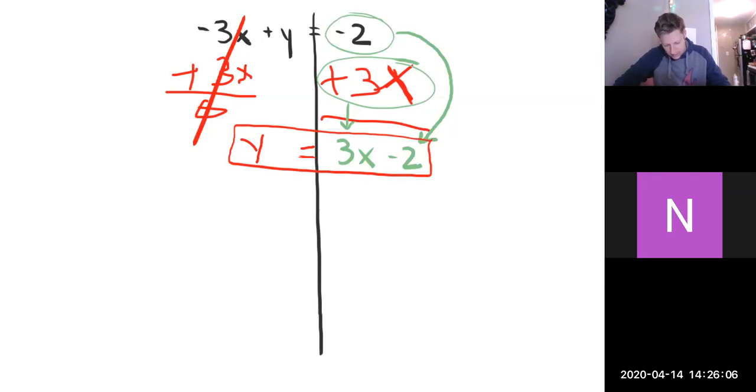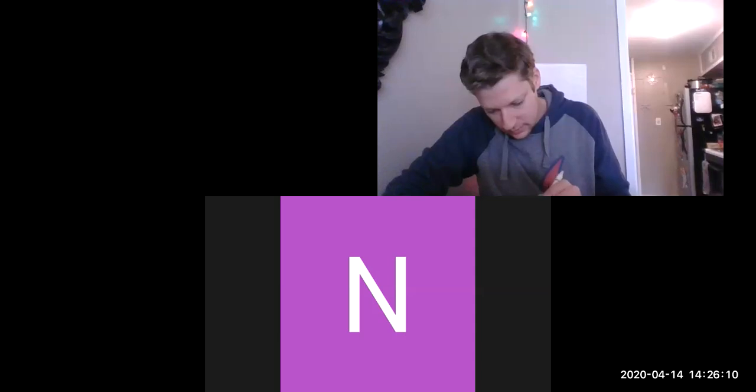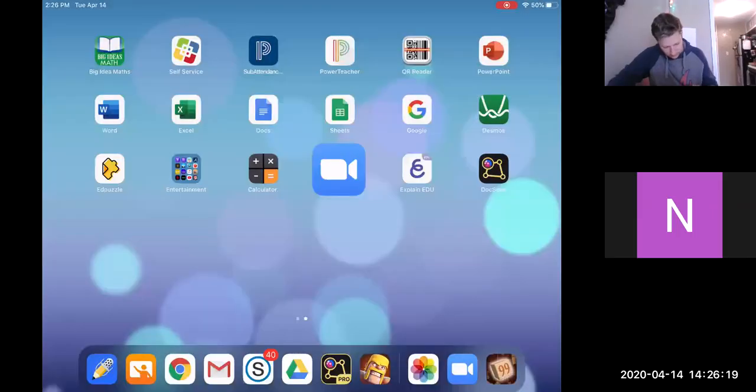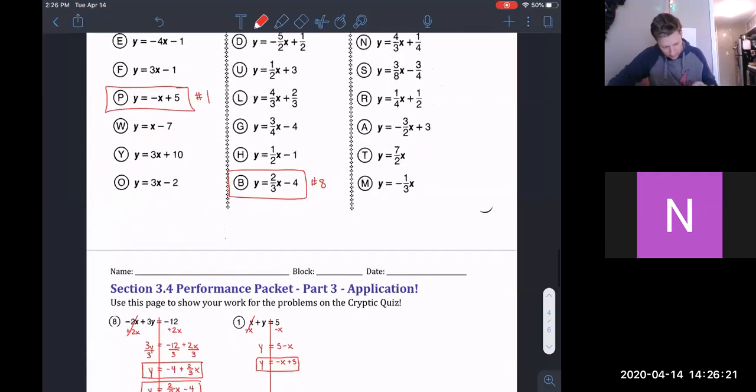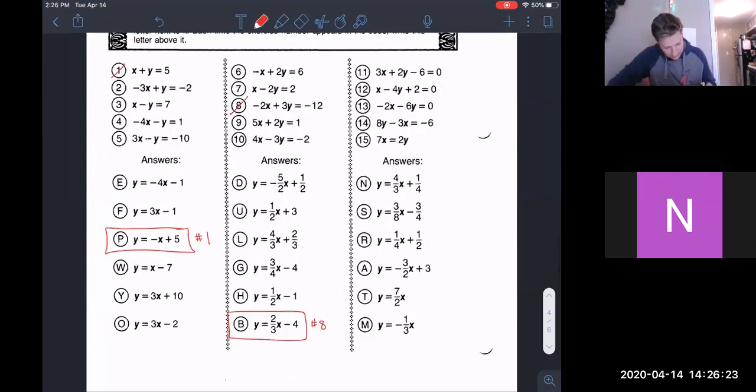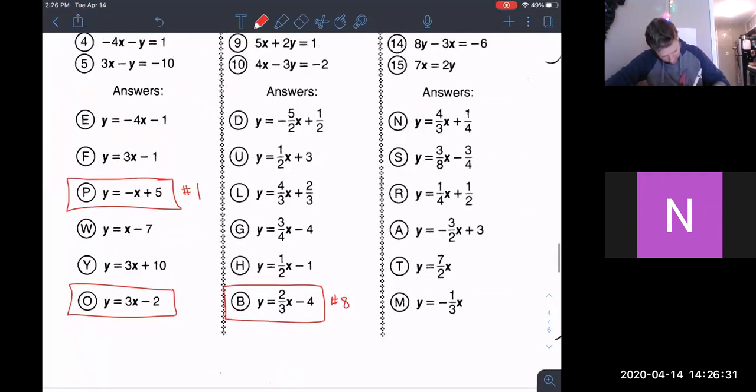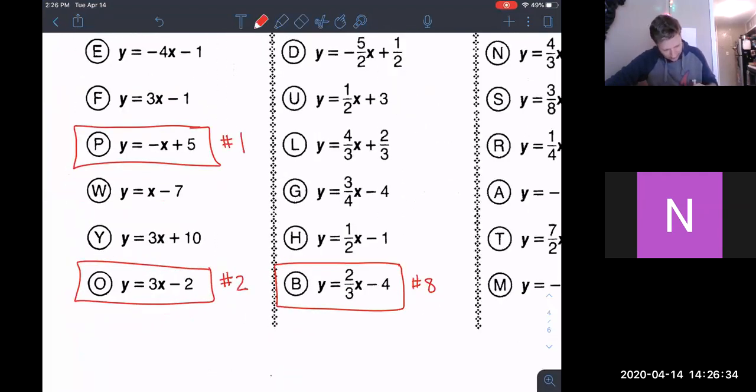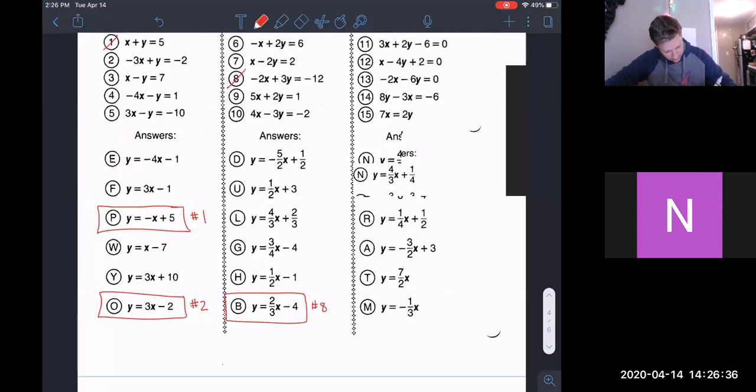Y equals 3x minus 2. So let's go back. I'm going to share my screen again. We'll go back to Notability. All right, so now we know that the answer to number 2 is y equals 3x minus 2. So we can cross that out.